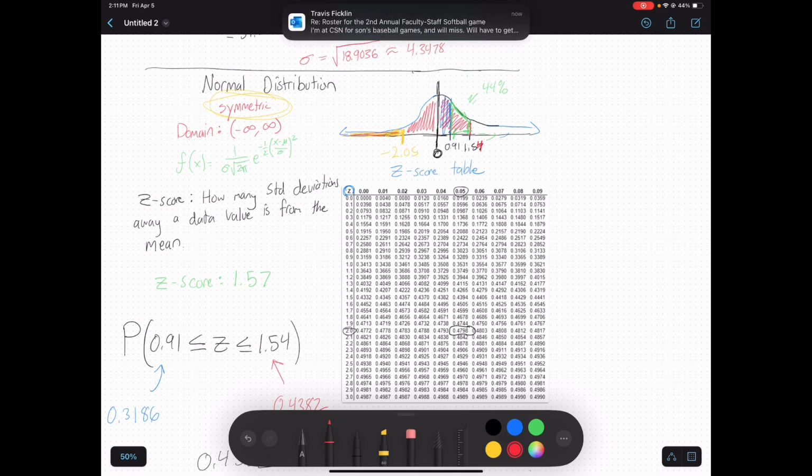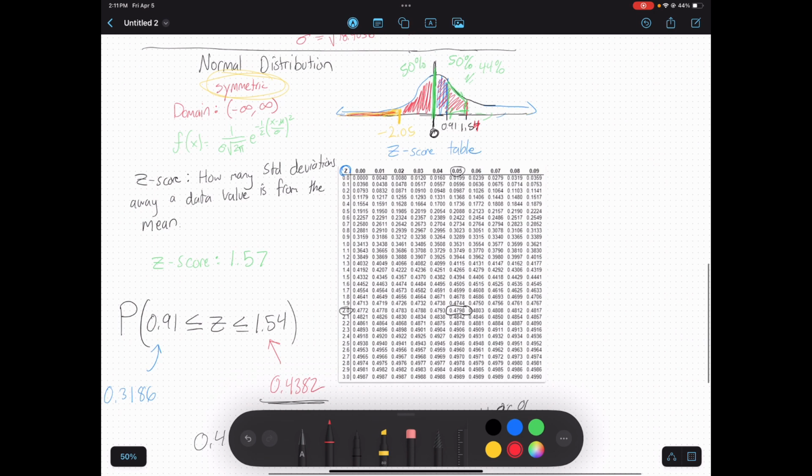What's this area? The key to figuring this out is recognizing that because my normal distribution is symmetric, you will always have 50% of your data on either side. So I'm going to have 50% on this side and 50% on this side. Okay? So if I know that 50% is on this left side, but this red area represents almost 48%, what can I do?